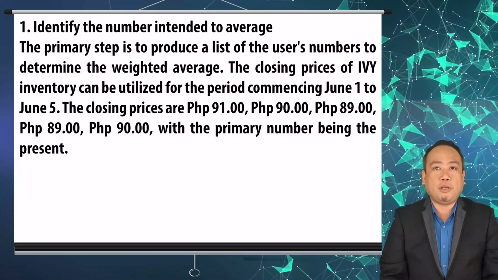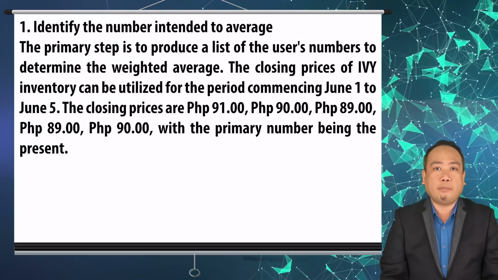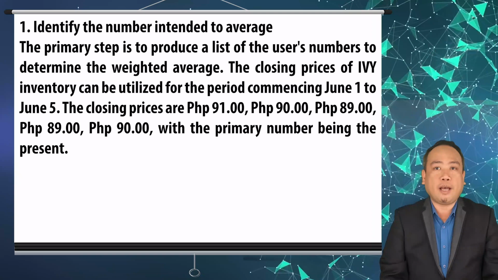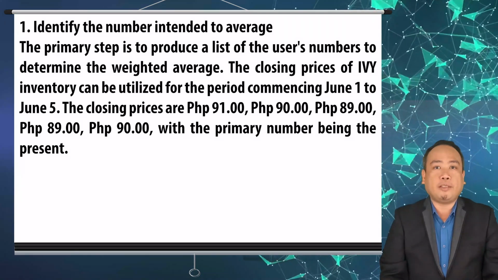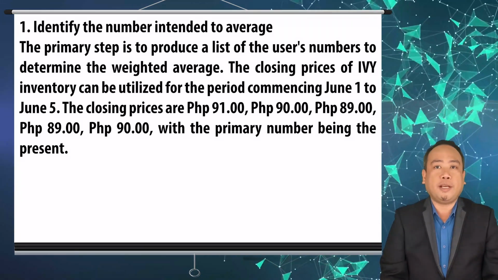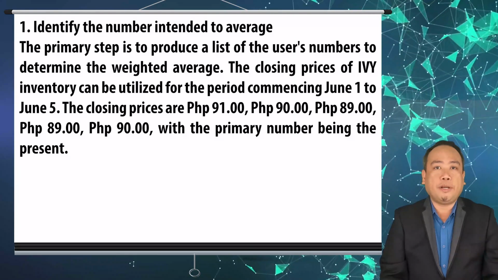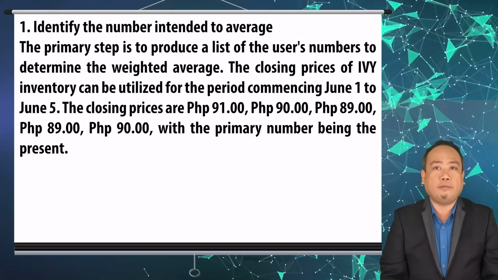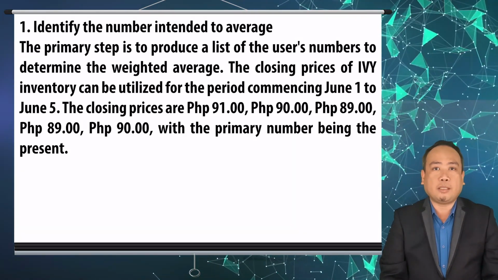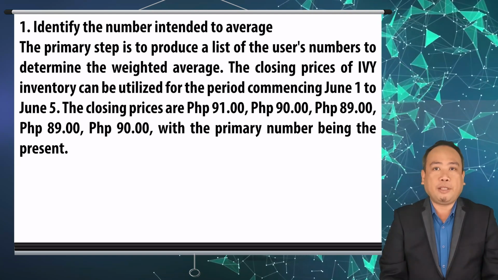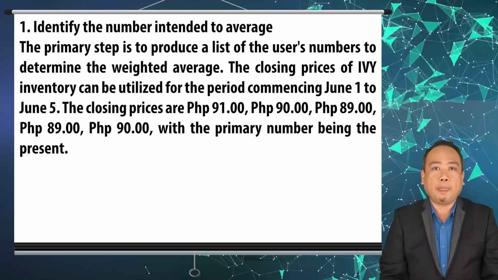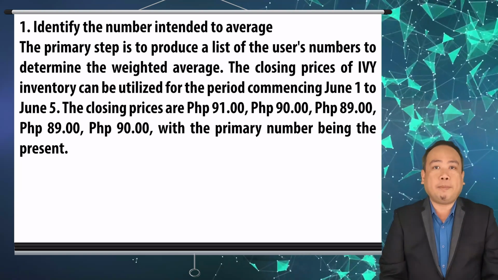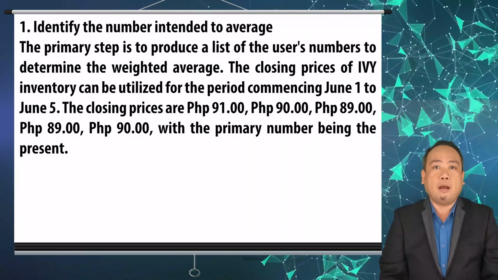The primary step is to produce a list of the numbers to determine the weighted average. The closing prices of IVY stock can be utilized for the period commencing June 1 to June 5. The closing prices are 91 pesos, 90 pesos, 89 pesos, 89 pesos, 90 pesos, with the first number being the present.